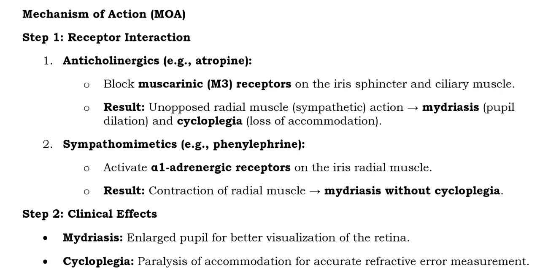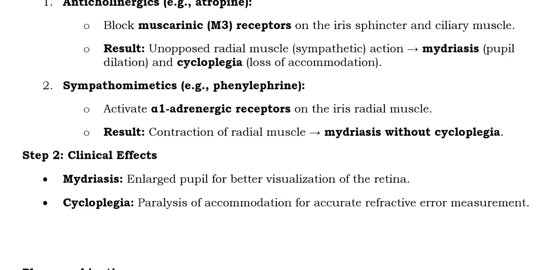Essential for checking out the retina, diagnosing, monitoring things. Like we said at the start, for diabetic retinopathy. Vital for that. And then cycloplegia, the focus paralysis, is key for getting those accurate refractive measurements. Especially in kids, yeah. Their focusing system is super active, so you need to quiet it down to get the true reading for nearsightedness, farsightedness, astigmatism. Makes perfect sense. Okay, those are the goals.